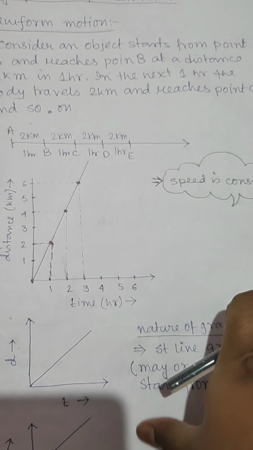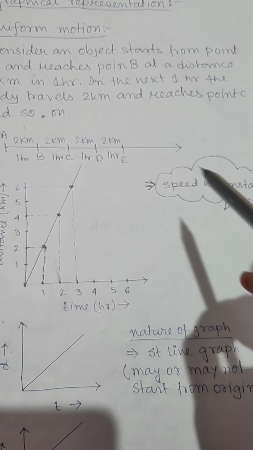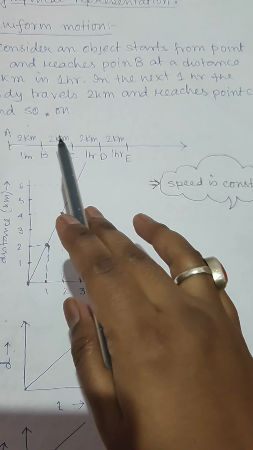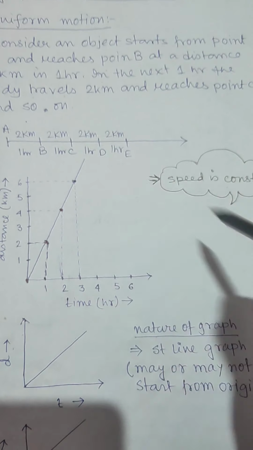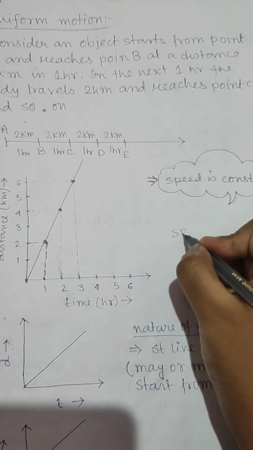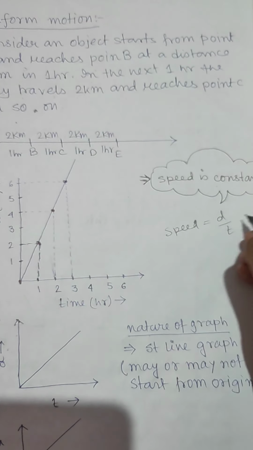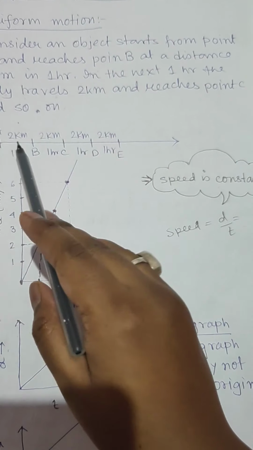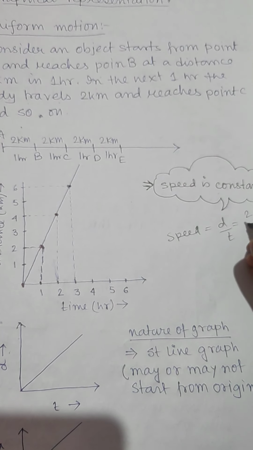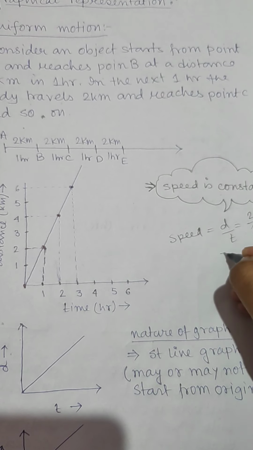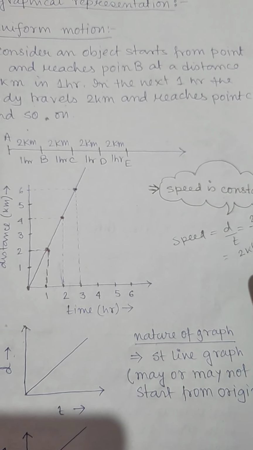Here we can also see that the speed is constant. Why is speed constant? Because the distance traveled is always the same and the time interval is always the same. Now what is speed? The formula for speed is distance by time. Let's calculate the speed between A and B. The distance is 2 km and the time is 1 hour, so the speed will be 2 km per hour.